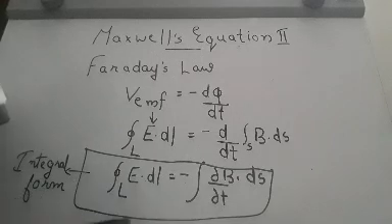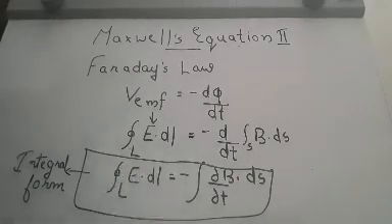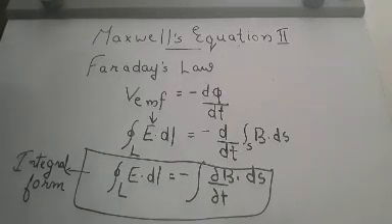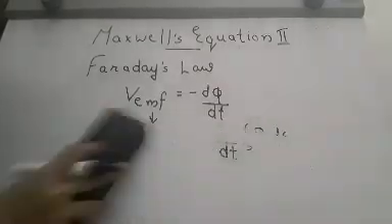Applying Stokes theorem to this equation, the line integral of any vector is the surface integral of del cross that vector dot dS. So I am rearranging this equation to get the differential form of Maxwell's equation 2.